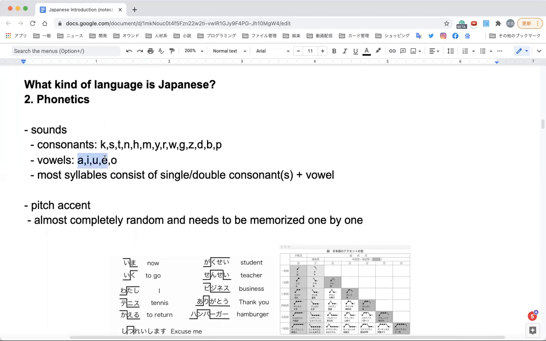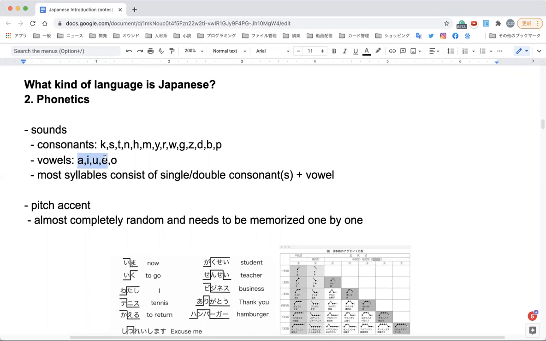Another thing to note is that most syllables consist of a single or double consonant plus a vowel. That means most syllables include a vowel, so that makes it easier to pronounce.